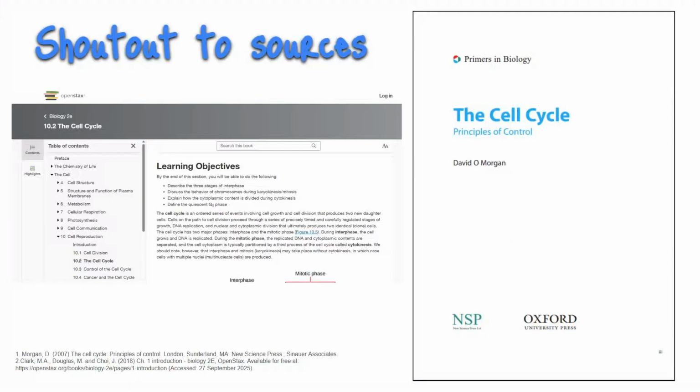So I want to give a shout out to the sources. The first one is The Cell Cycle: Principles of Control by David O. Morgan. This is a book from 2007. It has 300 pages. It is very complete, very informative. And I used another source called OpenStax, which is also free.